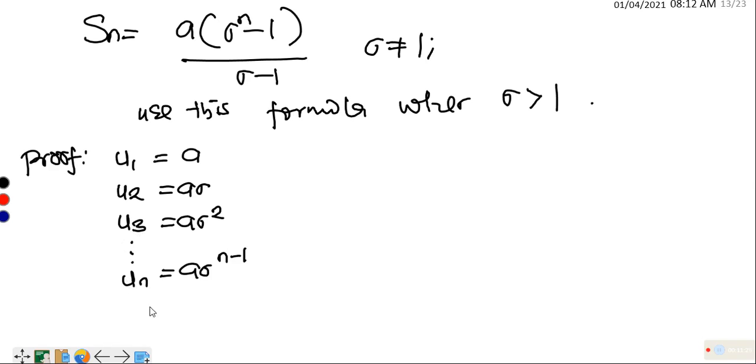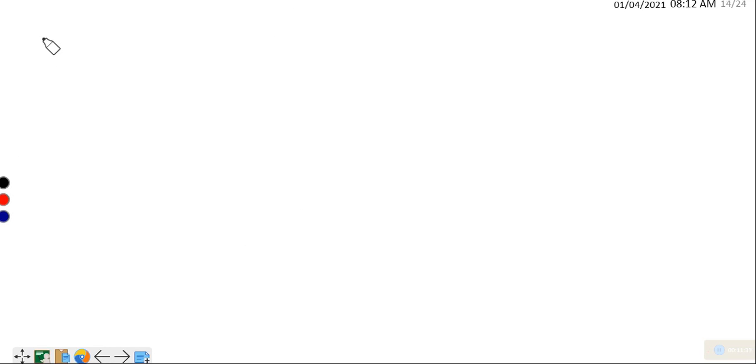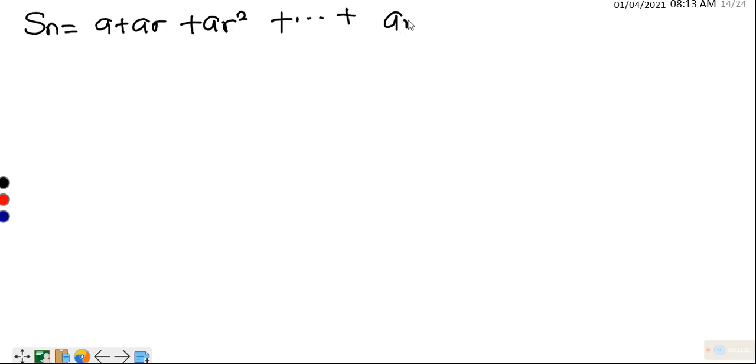Okay, so if we add all of this together, we have Sn, the sum of nth term. Therefore Sn equal to a plus ar plus ar squared plus dot dot dot plus up to ar raised to power n minus 1.